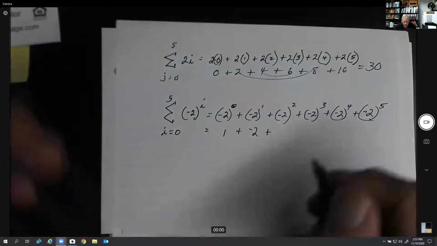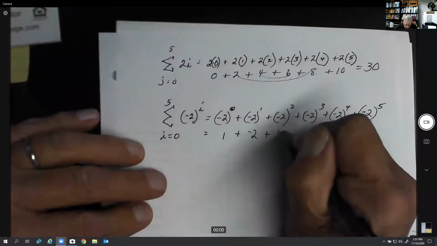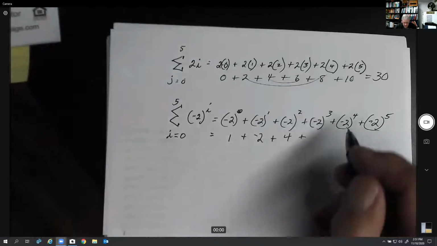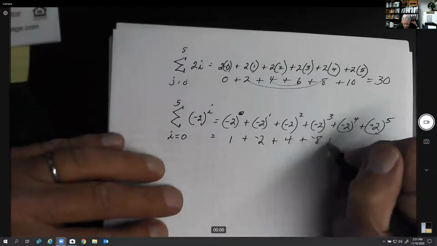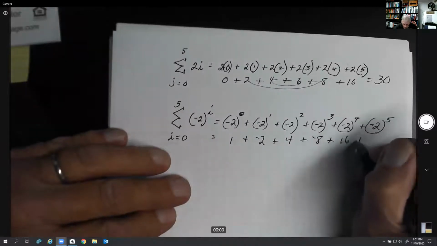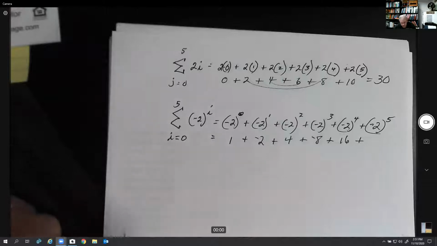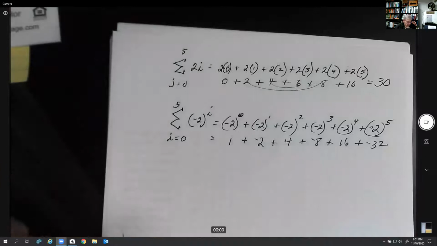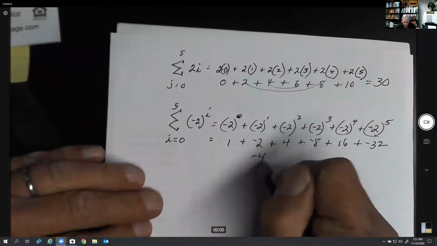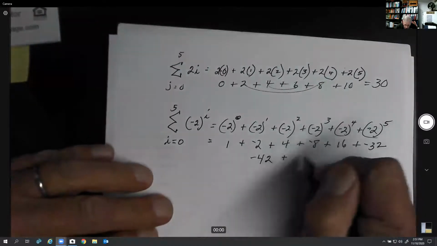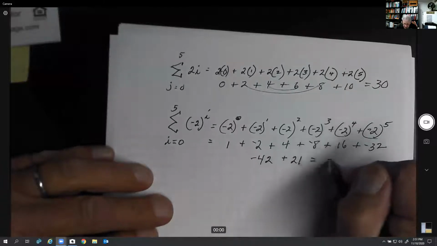Plus -2 squared, -2 times -2, +4. -2 to the third, -2 times -2 times -2, -8, plus -2 to the fourth, positive 16, and finally -2 to the fifth, -32. Okay, so what I did on this one is I added up all my negatives. I got negative 42, save a little bit of time. And then I added up all my positives and I got 21. So my answer is a negative 21.